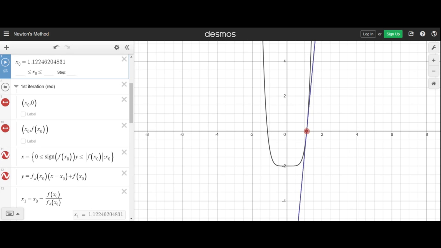Okay, are there any questions on this? Any questions at all? Before I go back to the example. Okay, how many of you is this the first time you've seen Desmos?